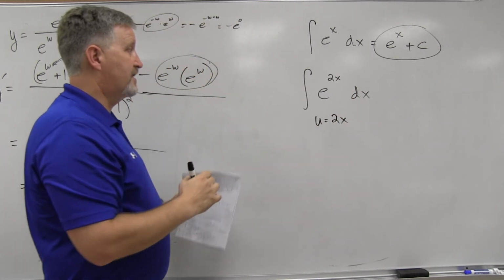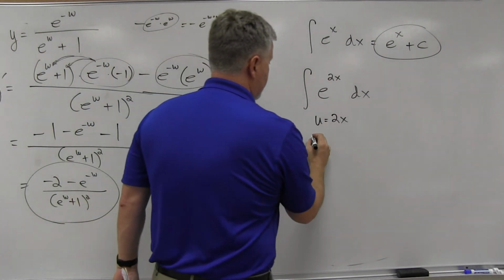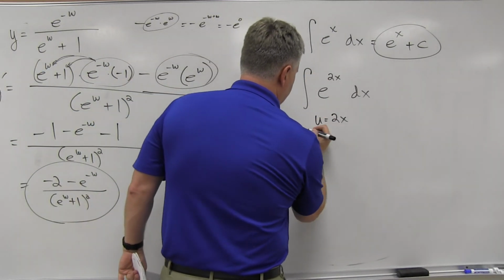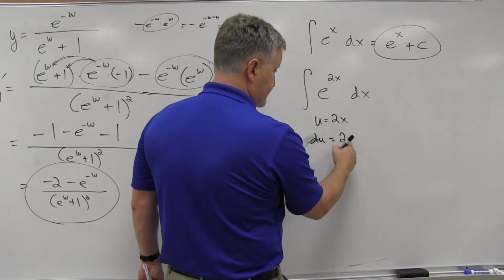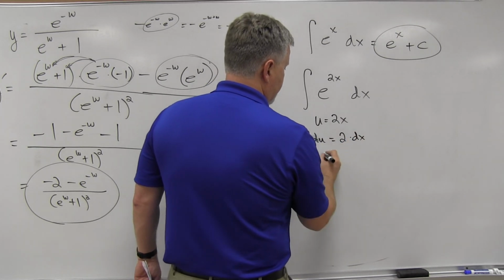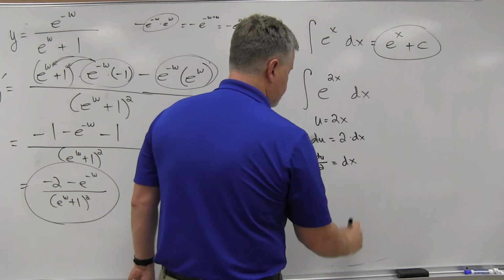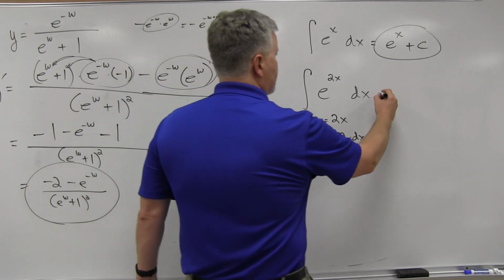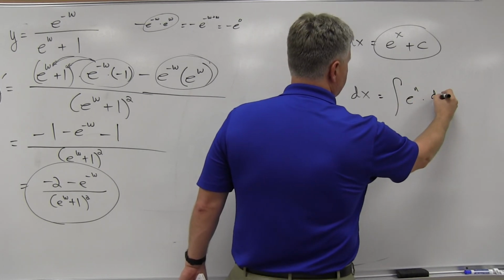To get this done, we just do a u substitution. U equals the power, 2x, and then du would be the derivative of 2x, which is 2 times dx, and so divide by 2, and that's my dx. So we wind up with e to the u times du over 2.